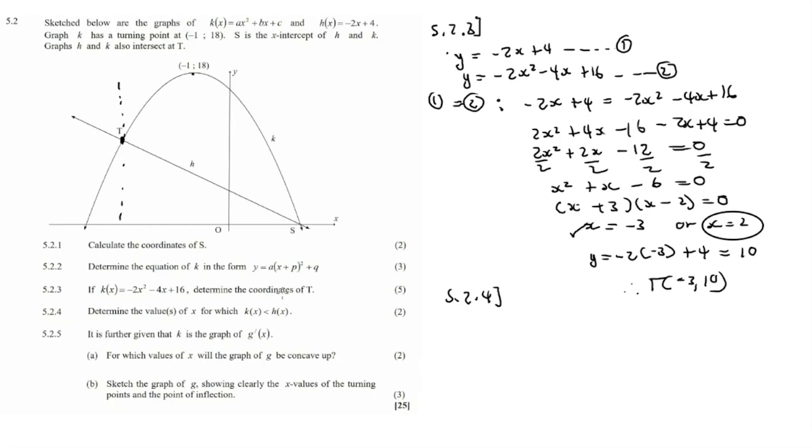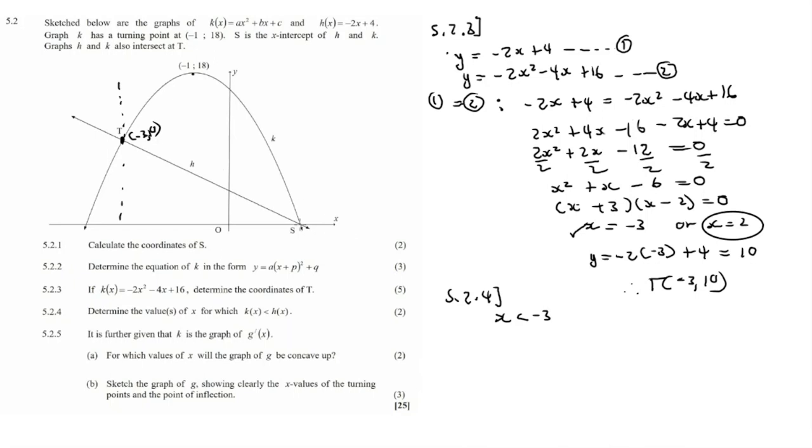So the portion where k is less than h is whenever the x value is, looking at the coordinates of t that we calculated, (-3, 10), whenever the x value is less than -3, the function k is less than h, that is, below h.